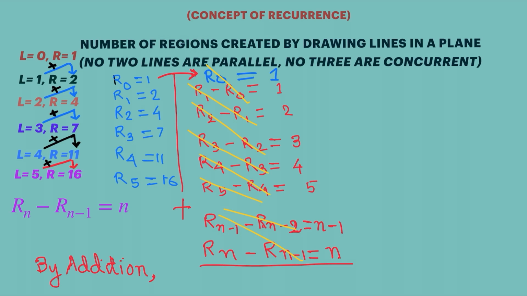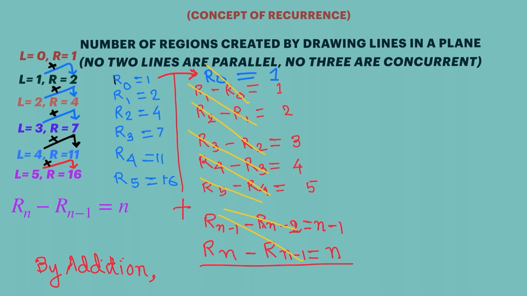See this very clearly, that all elements of R except Rn will be cancelled with each other. Here you see R5 and Rn minus 2.